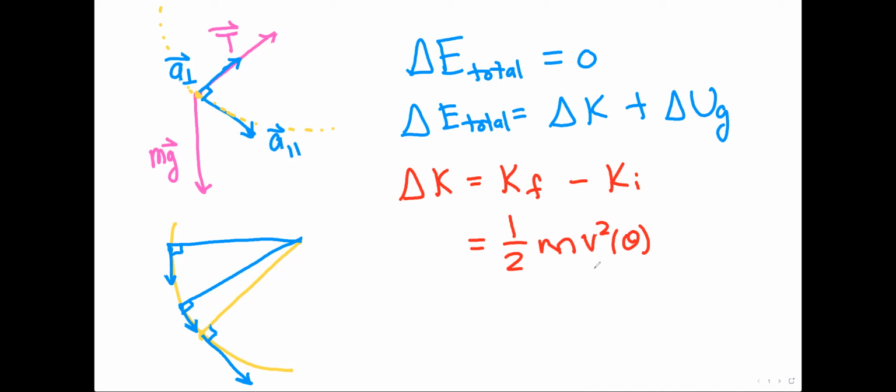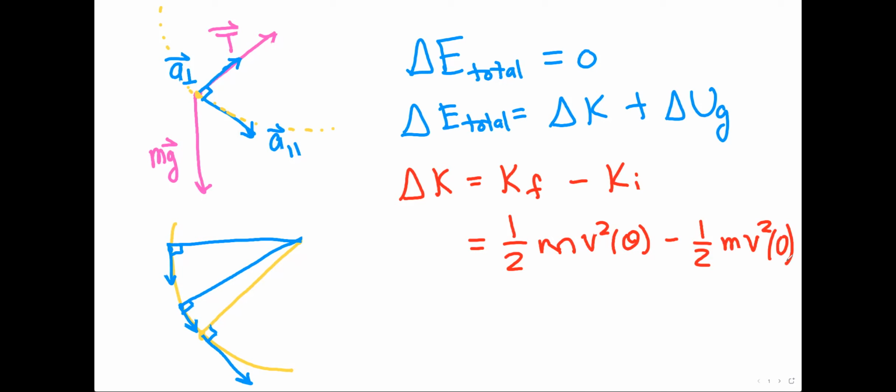So depending on the angle between the rope and the horizontal, we have a different velocity. And then we have minus half of mv squared of 0. At the beginning, the rope is parallel to the horizontal, so the angle is 0.